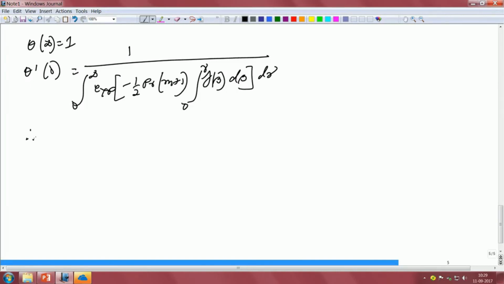So therefore theta eta, that means the total function.